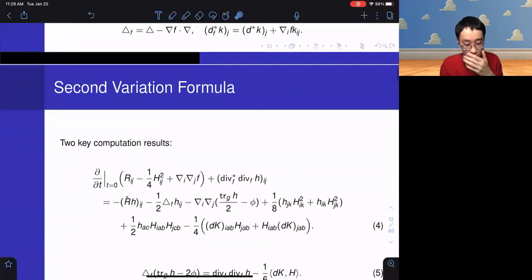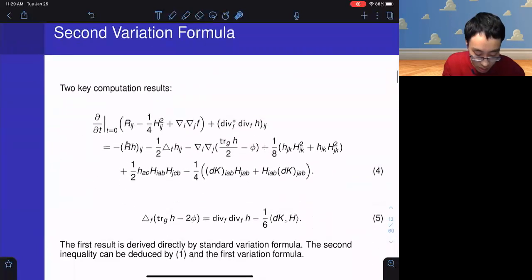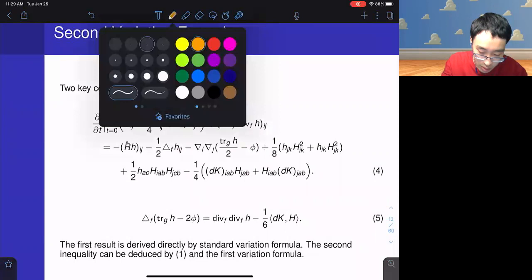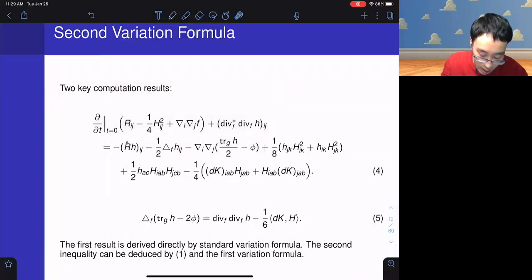To compute the second variation formula, we first have two computation results. First, I want to derive the derivative of Ricci minus 1 for x squared plus a hash f. This actually comes from the standard computation about the variation formula.